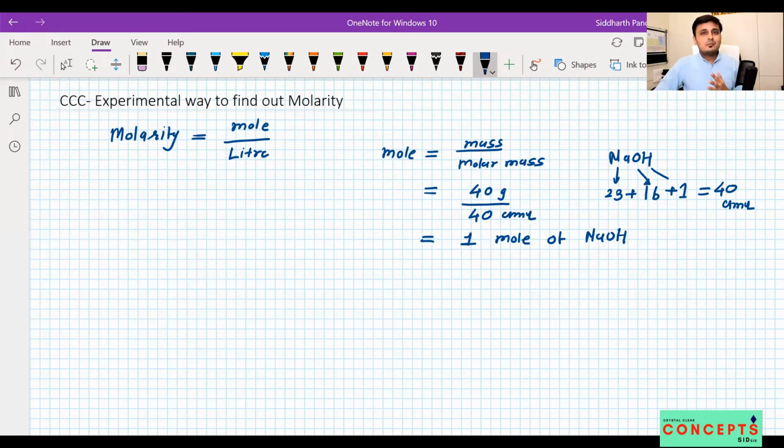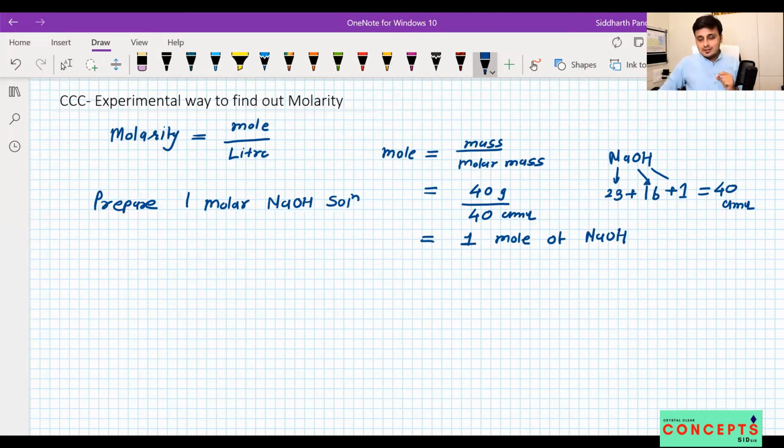In simple terminology, whenever we want to take 1 mole of any substance, we have to take mass equal to the molecular mass, and that mass will serve as 1 mole of the compound, and that mass must be weighed in grams. So in this condition, we want to prepare 1 molar NaOH solution.